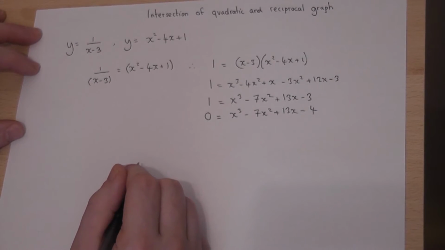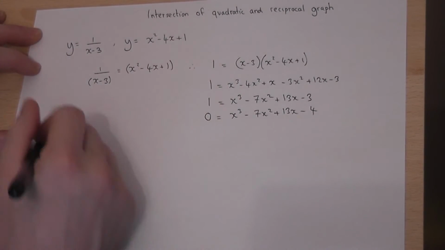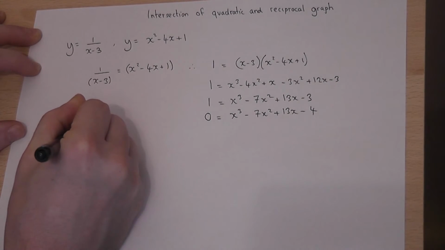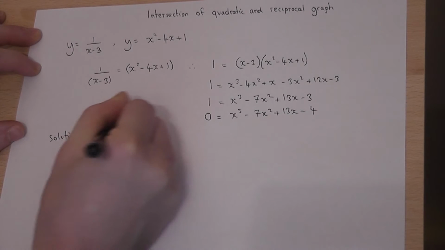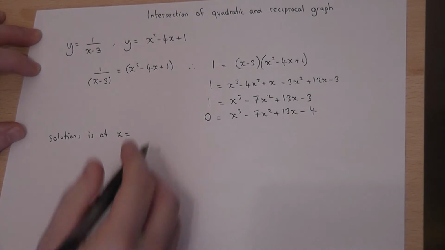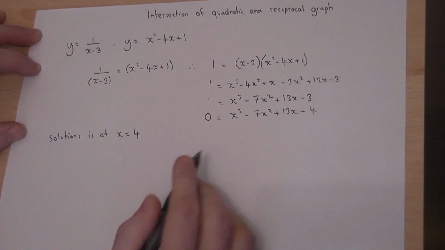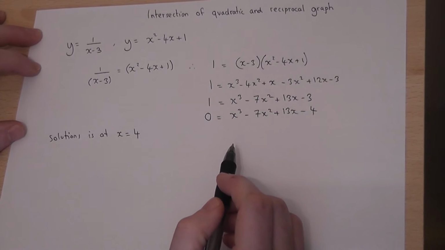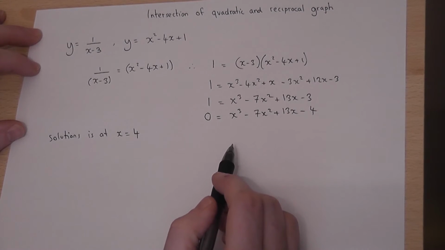Now let us suppose that we were told that one of the solutions is that x is equal to plus 4. That is a root of this equation. And we want to find the other two solutions if they exist.